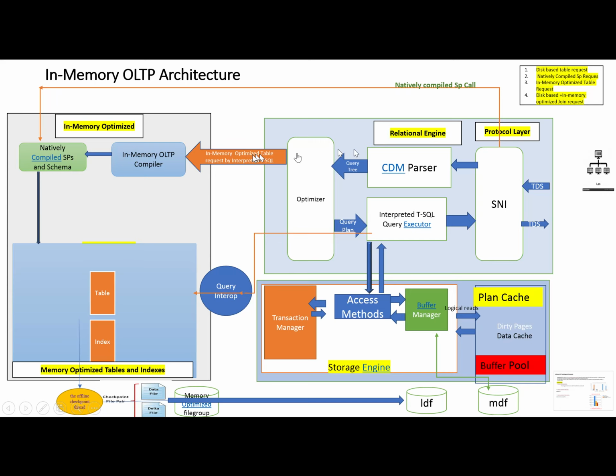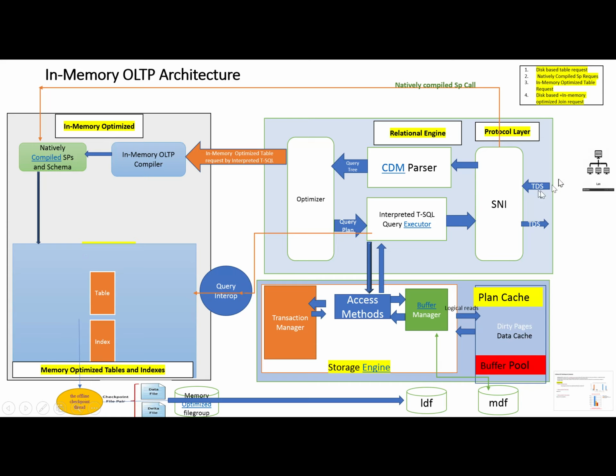But if we access through native compiled stored procedures, the performance will be boosted, because when the client executes the SQL statement to access the memory optimized tables through a native compiled stored procedure, the request comes to the protocol layer, and then this directly executes the stored procedure to access the memory optimized table. So fewer instructions are involved, CPU utilization will be less, and performance will be boosted.